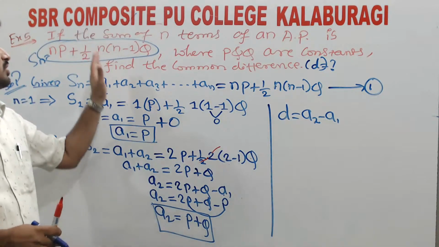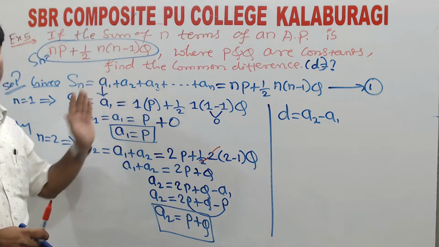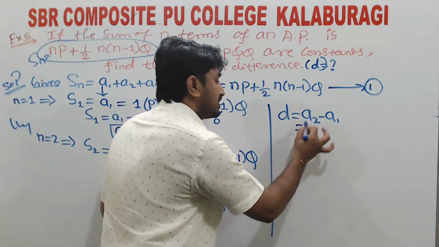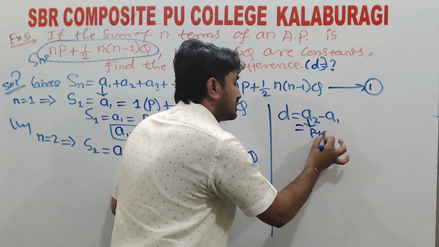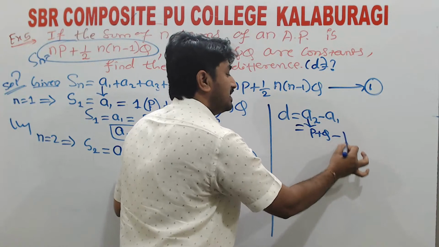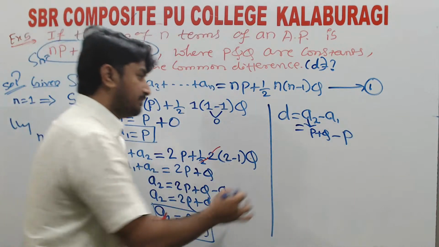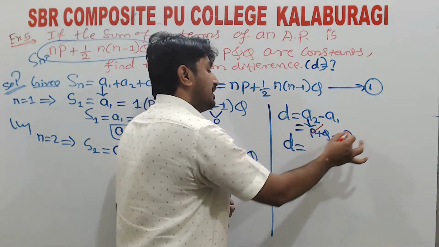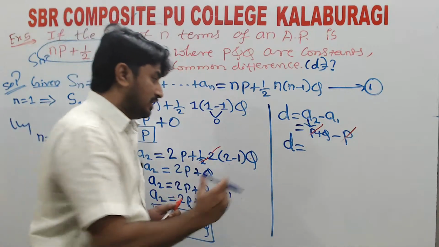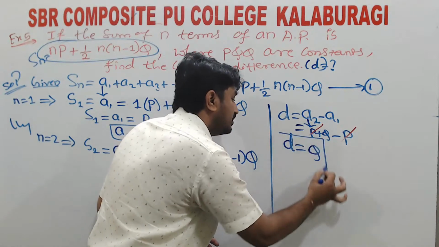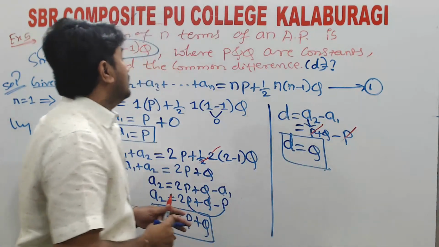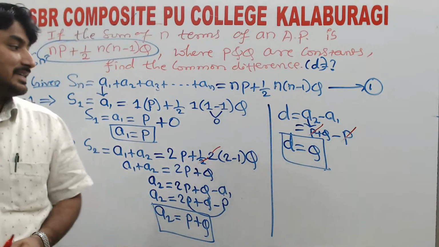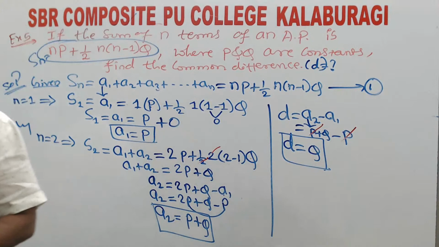Here the second term value is P plus Q. In place of A2 I am taking P plus Q, and minus the first term, P. Therefore, D is equal to, here the positive P and the negative P get cancelled. Therefore, the common difference is Q. It is the required term.